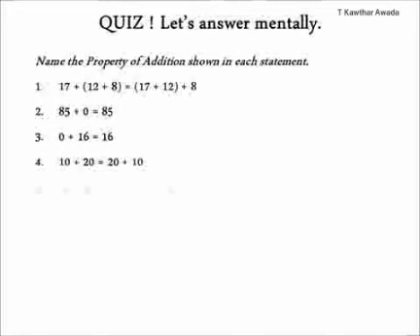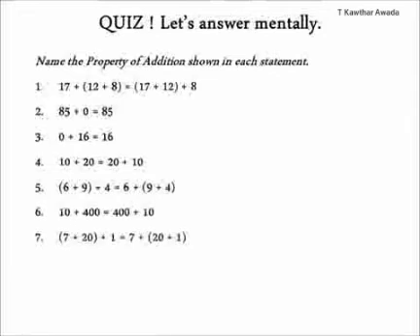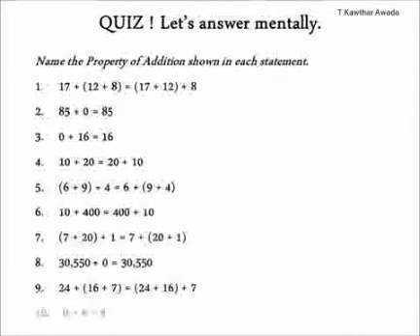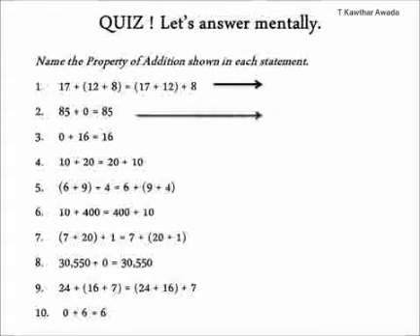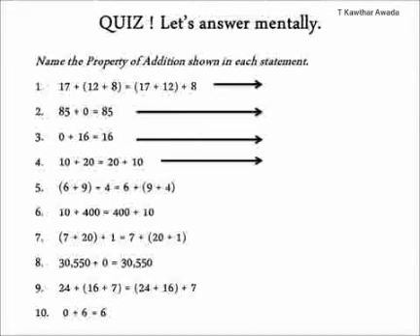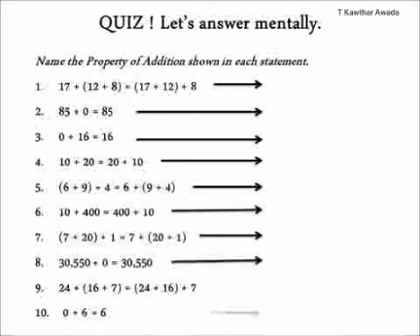Name the property of addition shown in each sentence. Okay, let me remind you. Our addition properties are either commutative or associative or the identity property. Okay? Observe the following, pause the video and answer.